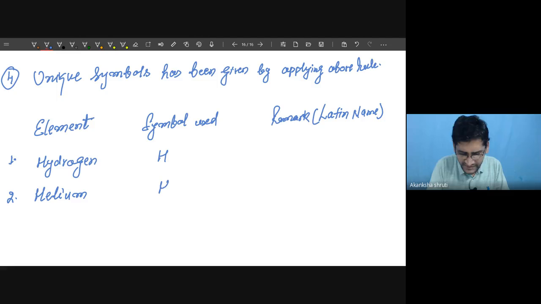The symbol is He. So for hydrogen, H is taken, and for helium, H as well as E is taken. The symbol always starts with the capital letter, followed by the smaller one. Next, the third element is our lithium, denoted by L and I.